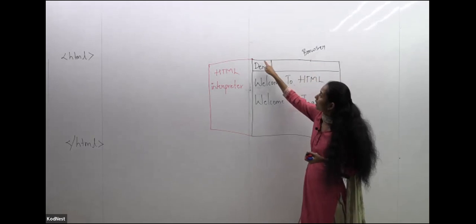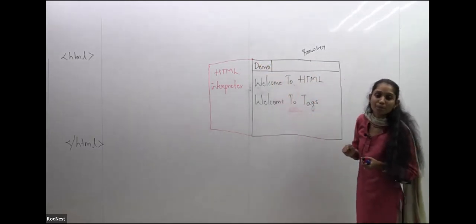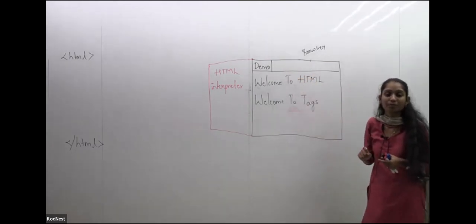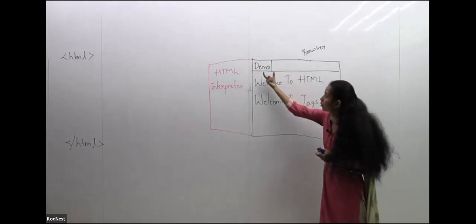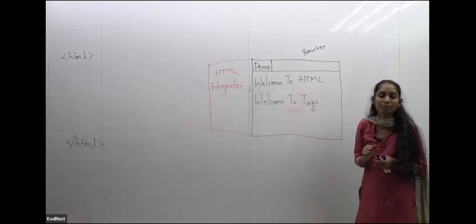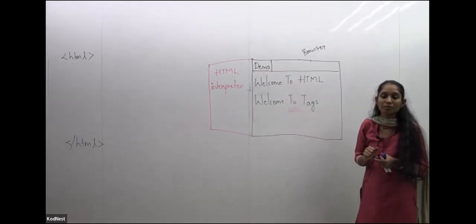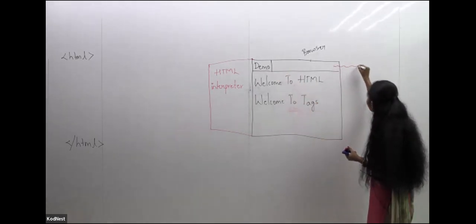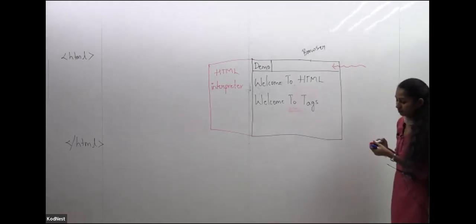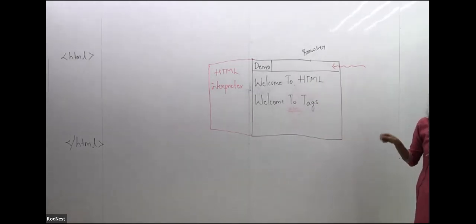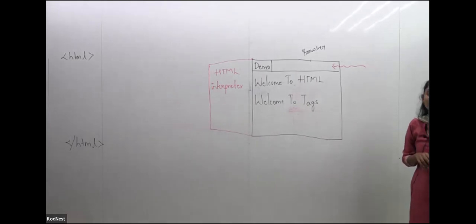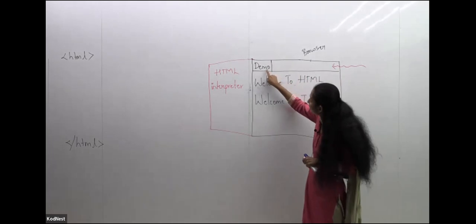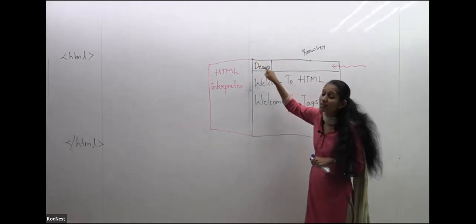Because this is what I have to display. Demo is what I have to display. So if I want to display this, from here is where I have to start. And when I start here, this is a demo which I have to display.